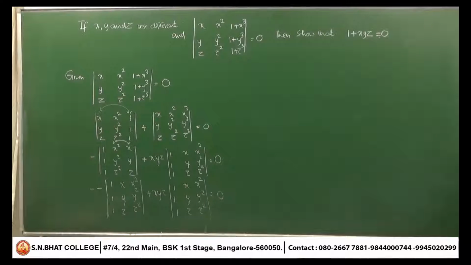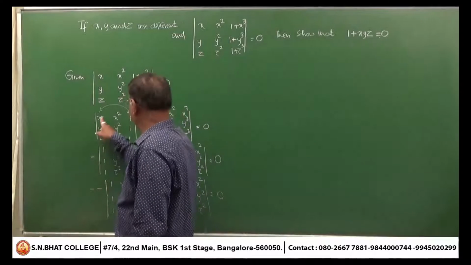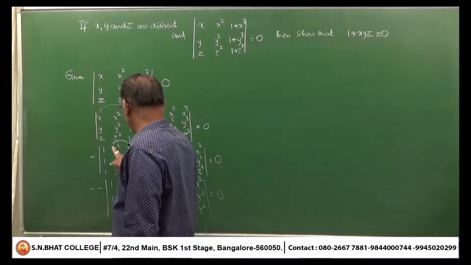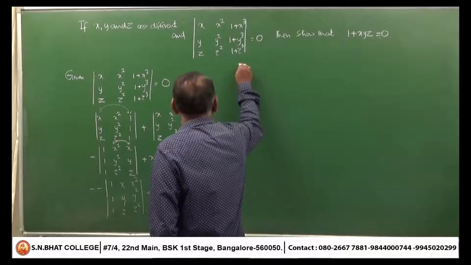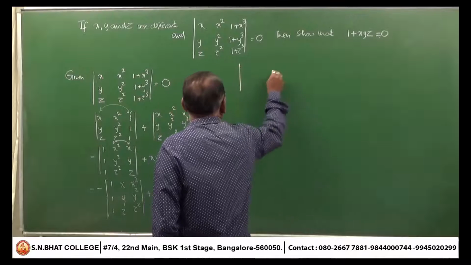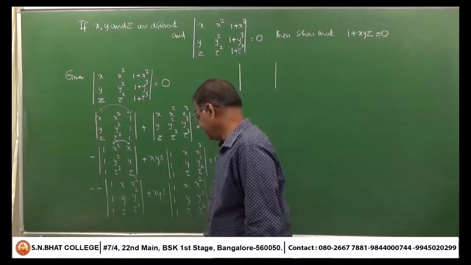In the first determinant, two minus signs are there. In the first case I interchange the first and third, in the second case I interchange second and third. Minus into minus is plus.